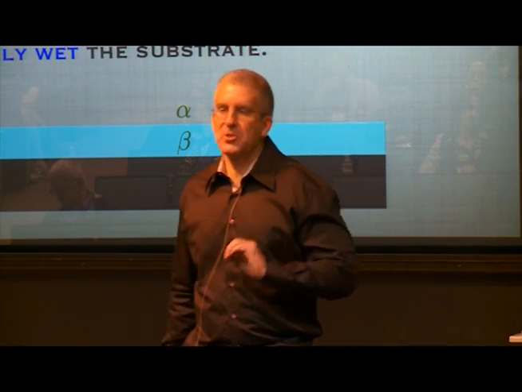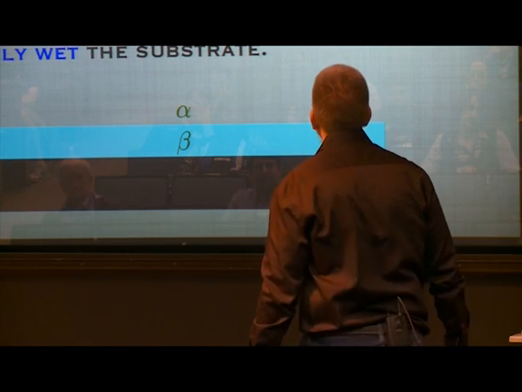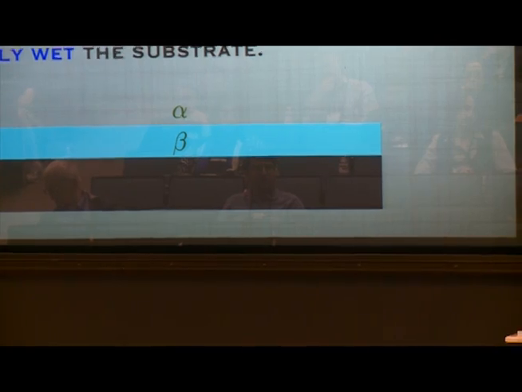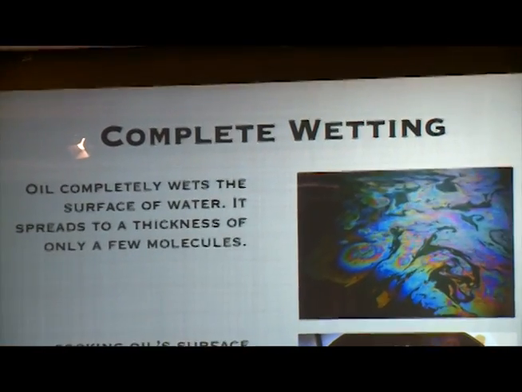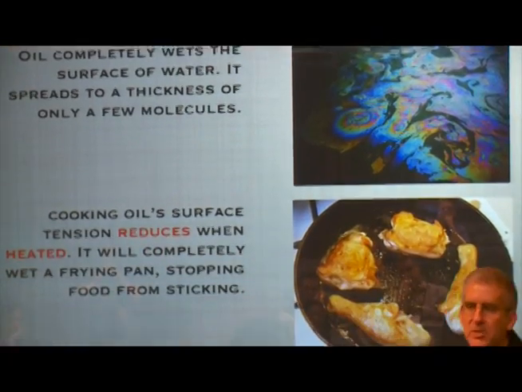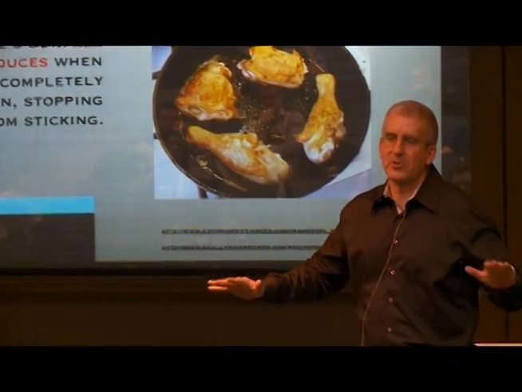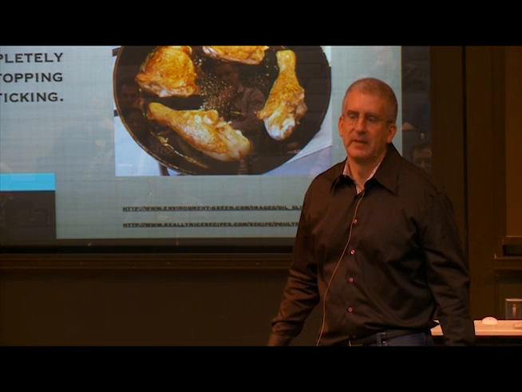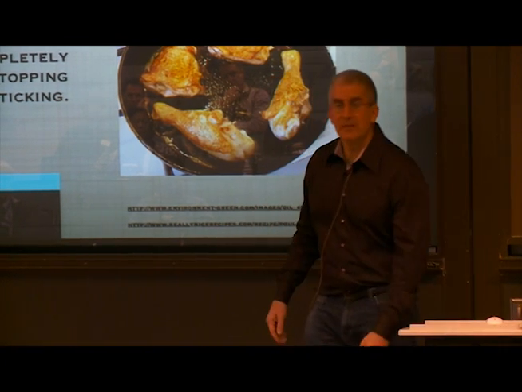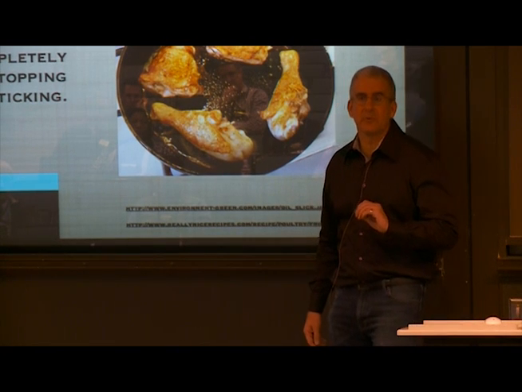There are two instances where you see this often. One, which I use in experiments, is when you put a drop of oil on the surface of water. It spreads out to be one molecule thick because that is energetically favorable. And this, again, is the way in which Millikan originally determined the size of a molecule.